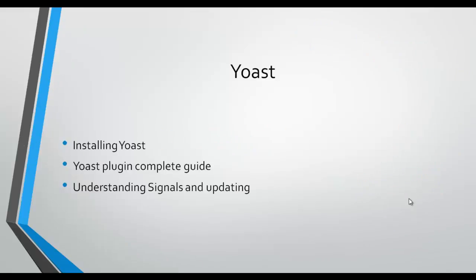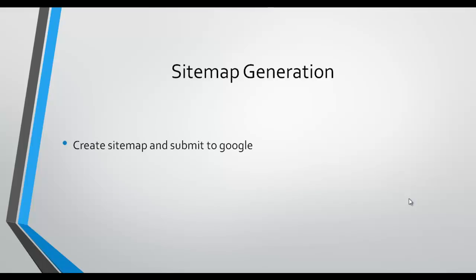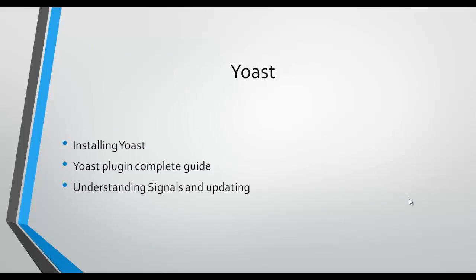Today I'll be covering the entire concept of how you can install the Yoast plugin to your WordPress account, then using it, understanding the signals, and as per that, updating the website, and we'll also be doing sitemap generation with this. So let's get started doing these things practically.